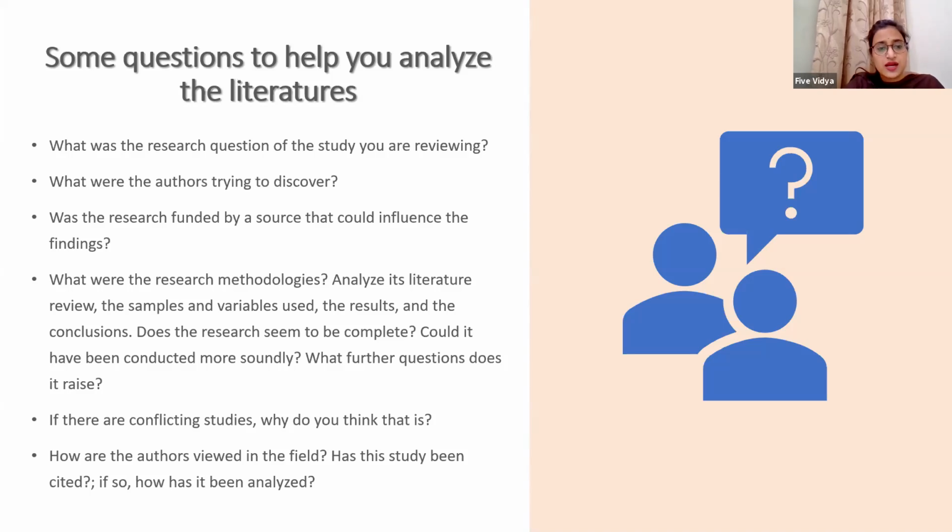How was the literature analyzed, how was the sample discovered, how were the variables used, how did they arrive at a particular conclusion? Then, is there any possibility of doing further research on that topic? Are there any conflicting studies? Are the results contradictory?